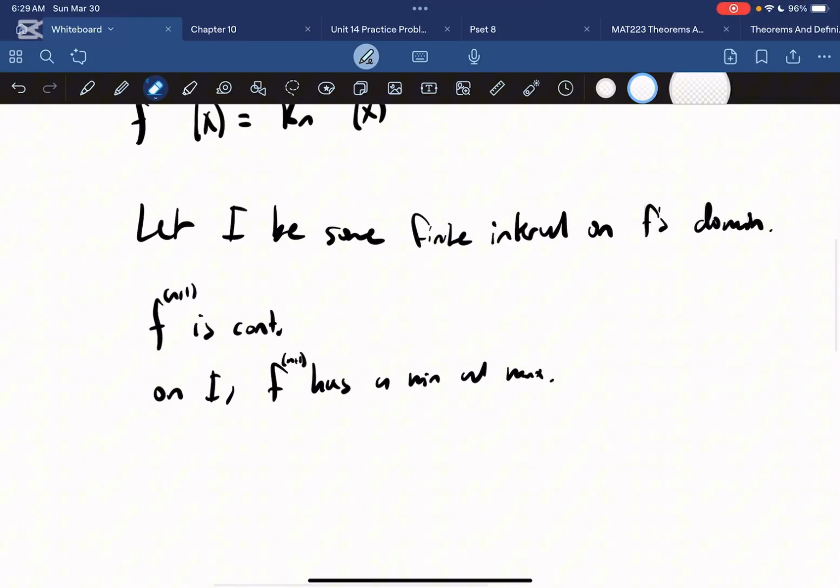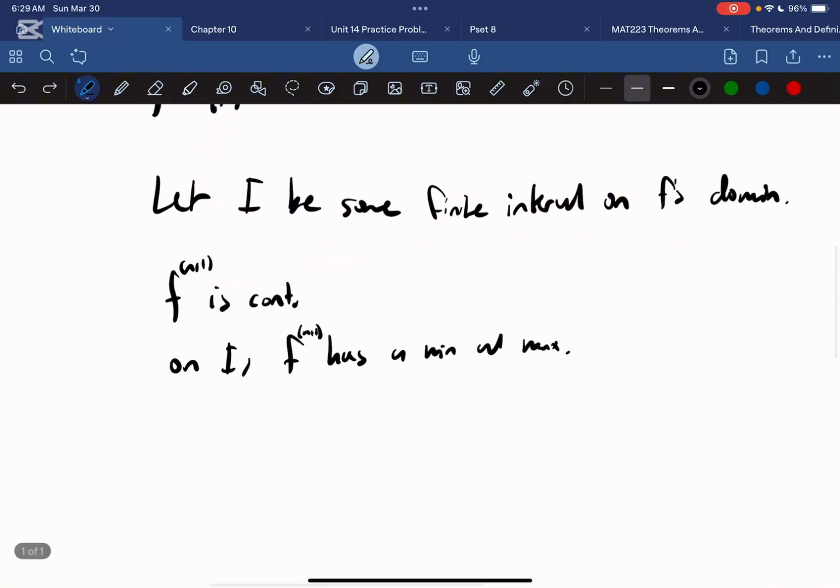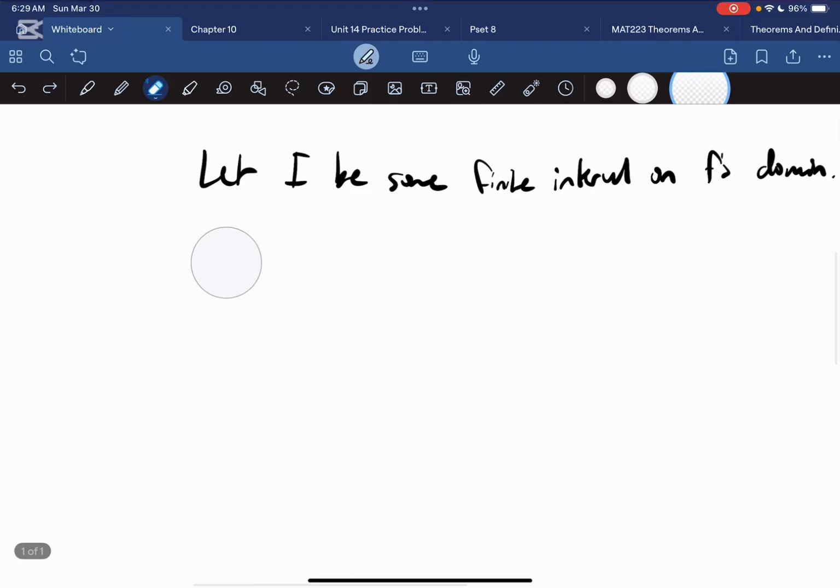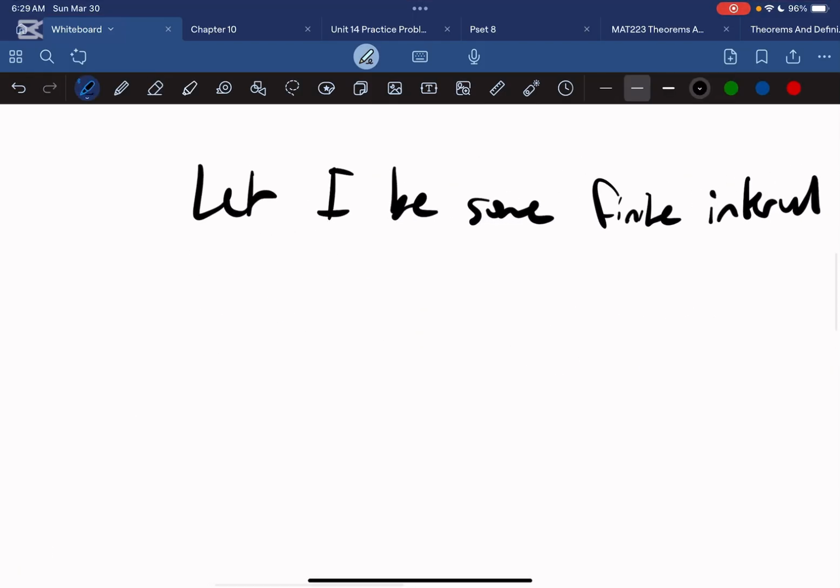Okay, so now let's formalize this idea. So basically what we've said is that the n+1th derivative of f has a min and a maximum on this interval I, okay? So now we're also going to assume a is in I, okay? So this interval centered at a.